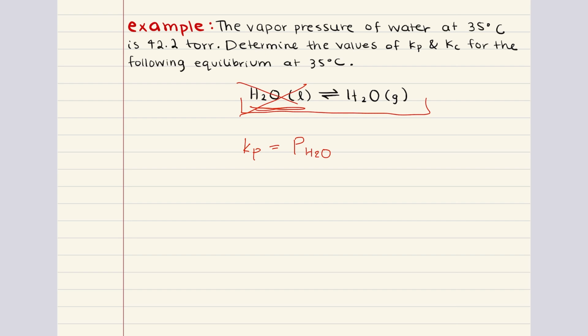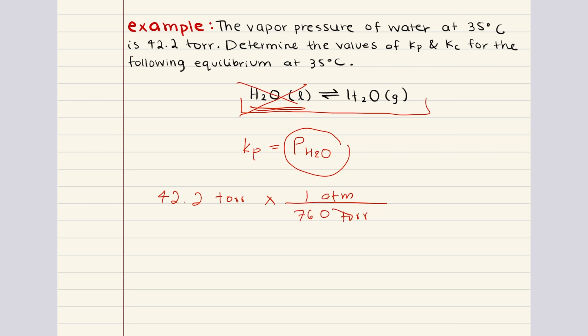And that is going to give us our Kp value because Kp is only equal to the partial pressure of water vapor in this problem for this equilibrium. Now, this is an easy conversion because we know that 760 torr is equal to 1 atmosphere, so we can use that conversion. 42.2 torr multiplied by 1 atmosphere over 760 torr.